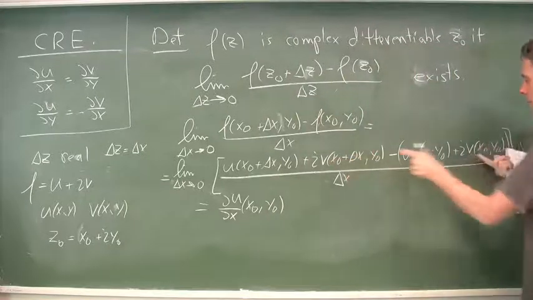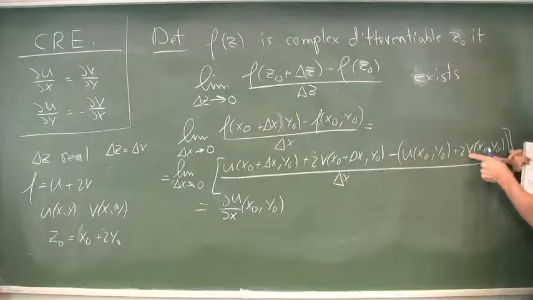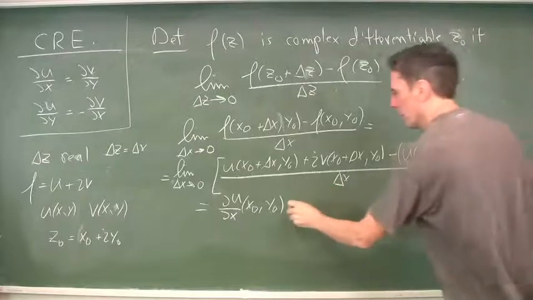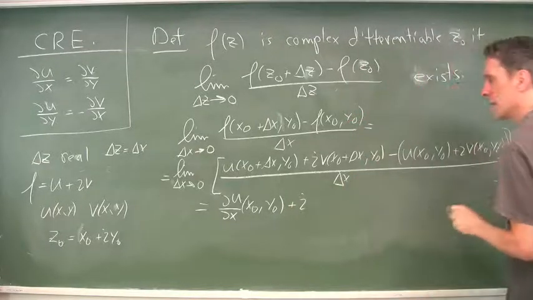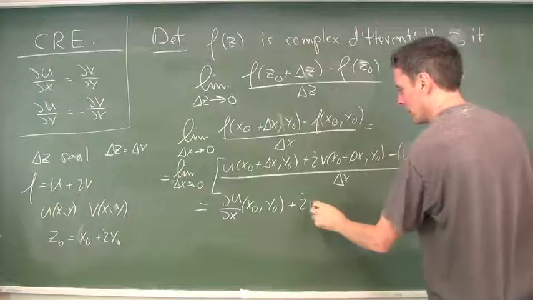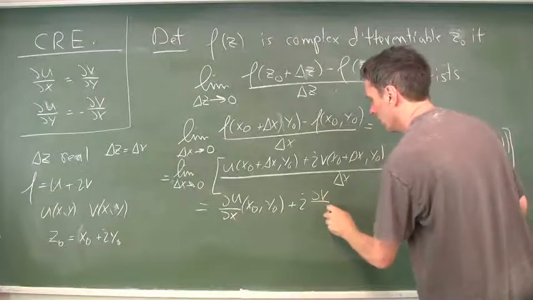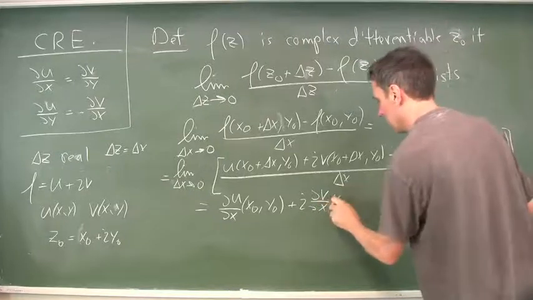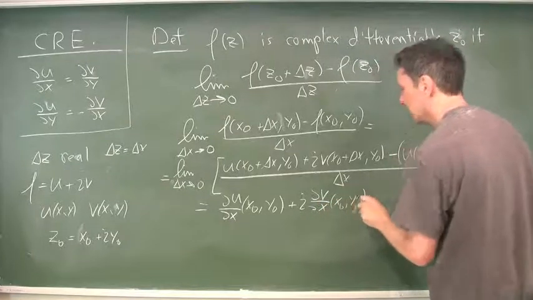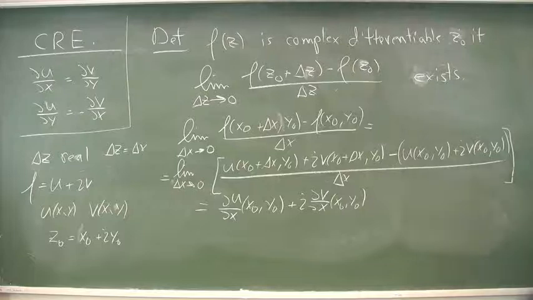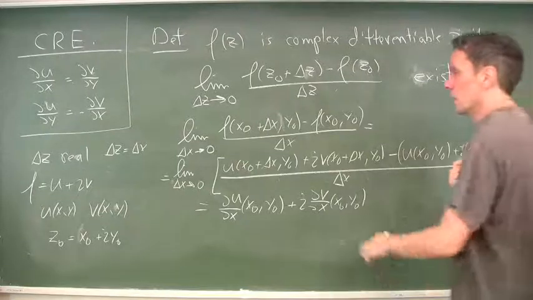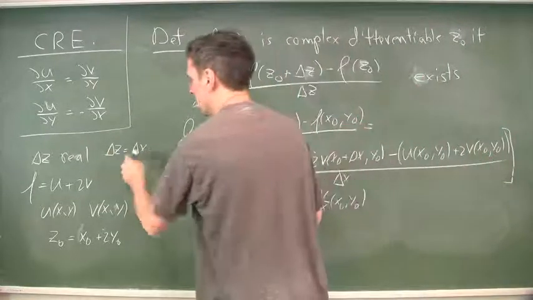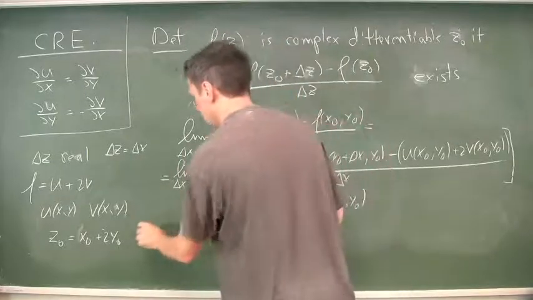And this minus this divided by delta x will converge to i times the partial derivative of v with respect to x at the same point. So this is what happens if we let delta z be real.